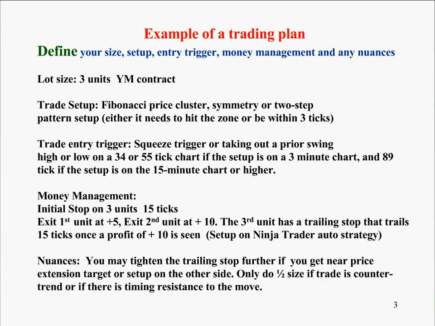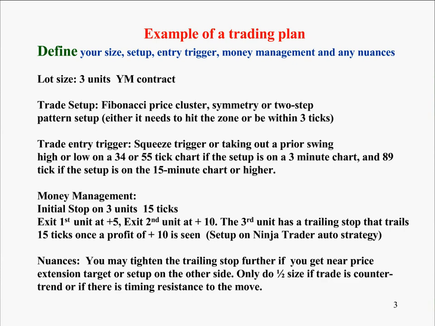And then as far as money management, you want to know what's your initial stop going to be. So let's say the initial stop, if you were doing the mini-sized Dow, would be 15 ticks for each contract.